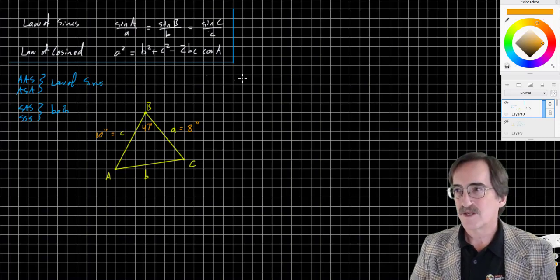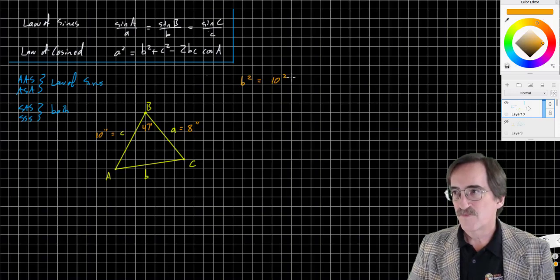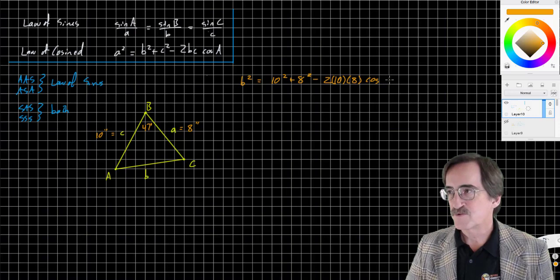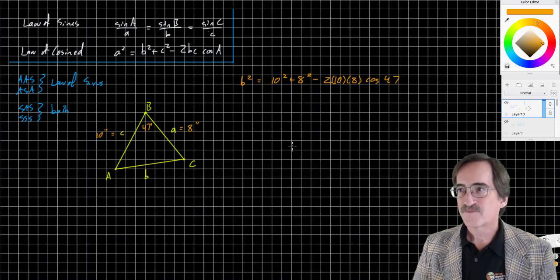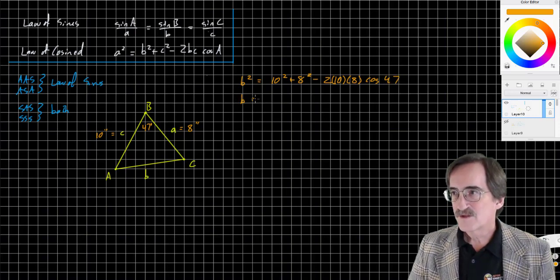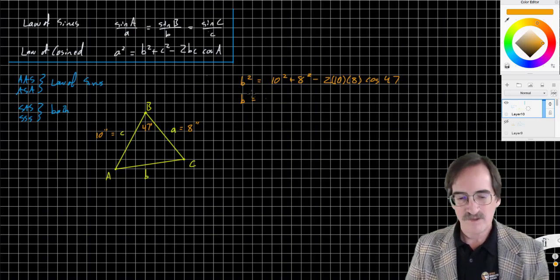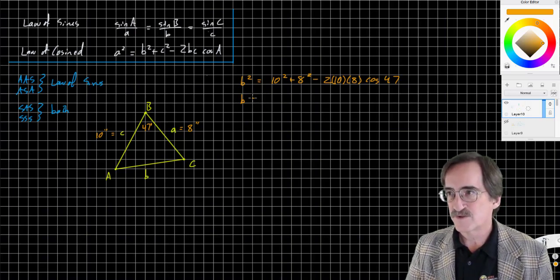Again, remembering relative position: b squared equals c squared, 10 squared, plus 8 squared, minus 2 times 10 times 8, times cosine of the angle between them, 47. So take the square root, and b is approximately the square root of both sides.